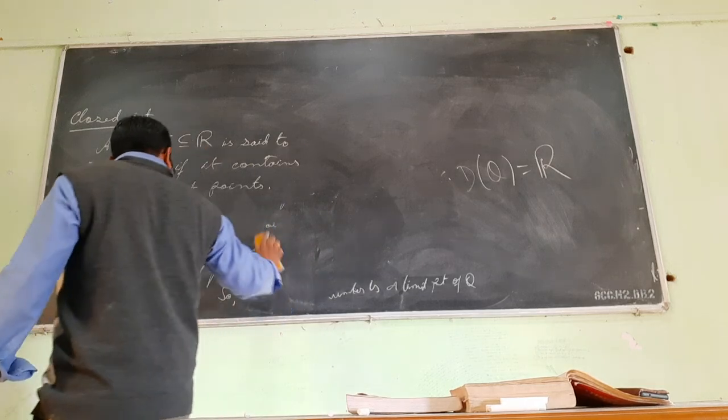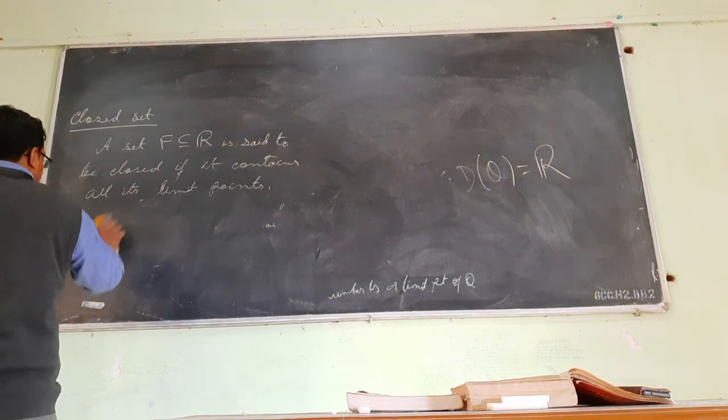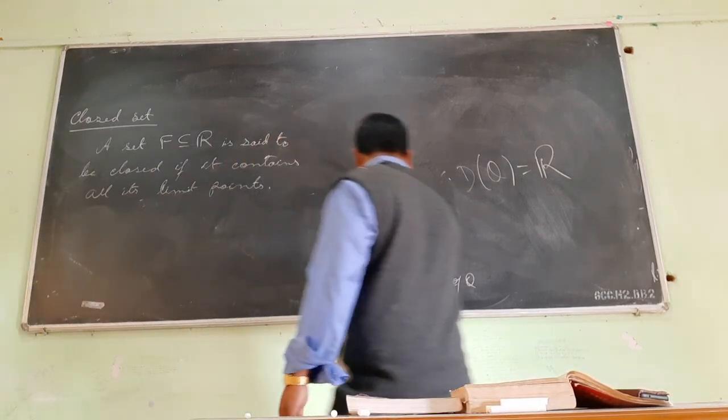Points which are very close to the set are actually inside the set, and then the set is said to be closed.